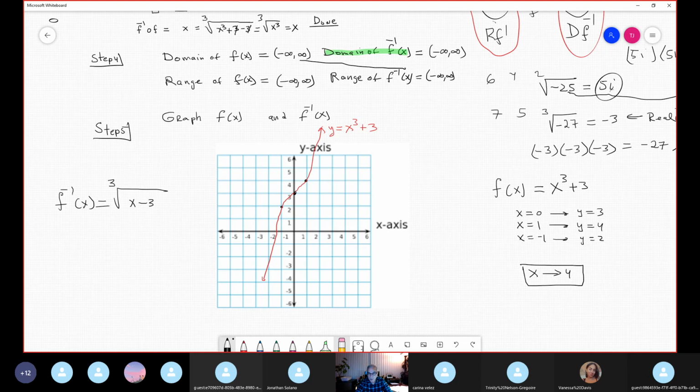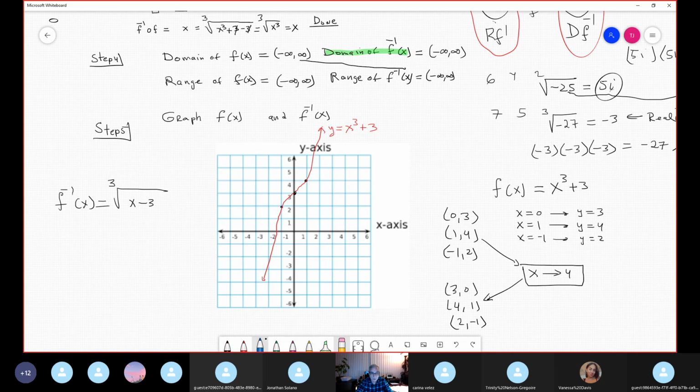Therefore, the classical points (0,3), (1,4), and (-1,2) of the original become (3,0), (4,1), and (2,-1) for the inverse. Do you see that? According to this idea, you interchange x and y.